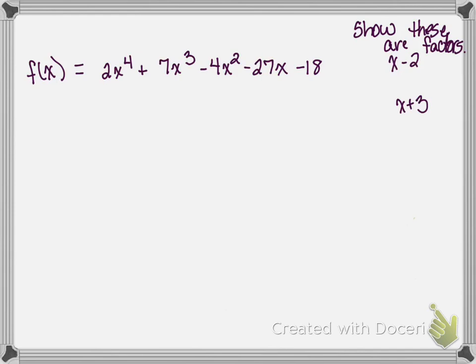So we're going to find the rest of the factors, and once we have all the factors, what can we find? The x-intercepts. So, I'm going to start with x minus 2.